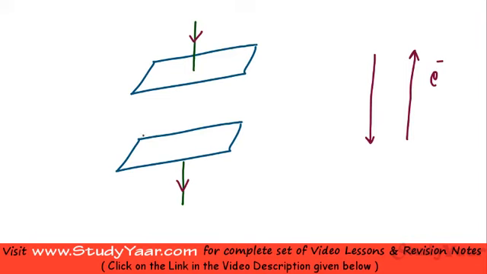Now this is a metallic plate, a conductor, but the region between the two metallic plates is an insulator. So your electron is coming in like this, but this region is an insulator, therefore it cannot pass or travel in this region.